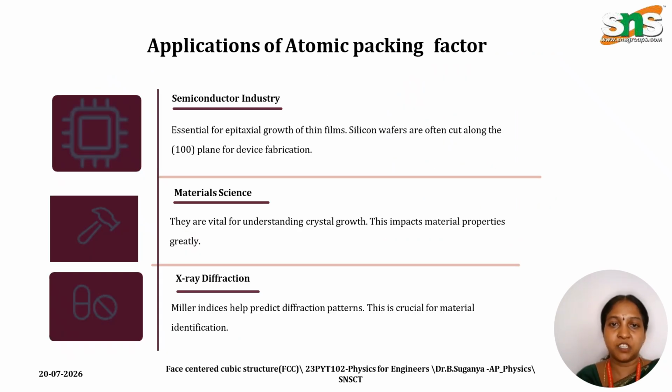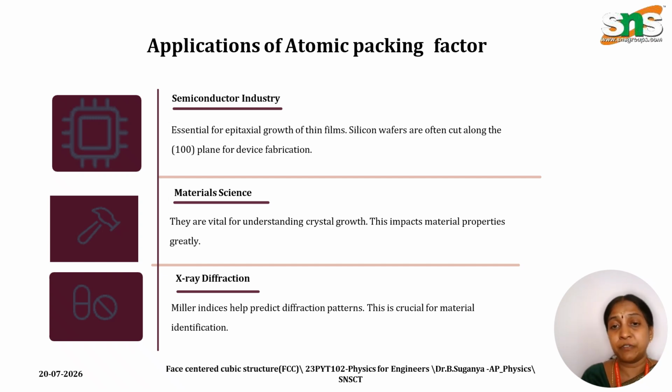Next are applications of atomic packing factor. Where is it used? In the semiconductor industry, the material science field, and X-ray diffraction. How is it used in the semiconductor industry? It is essential for epitaxial growth of thin films, and in the field of thin films it plays a major role.